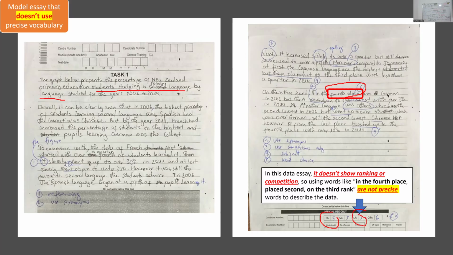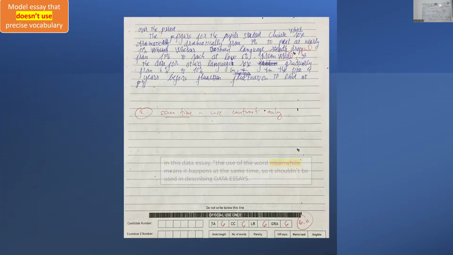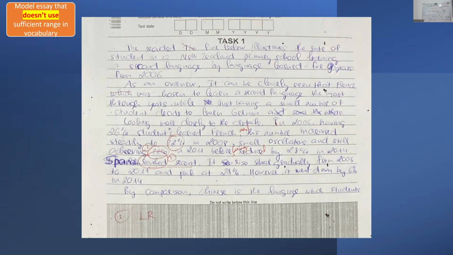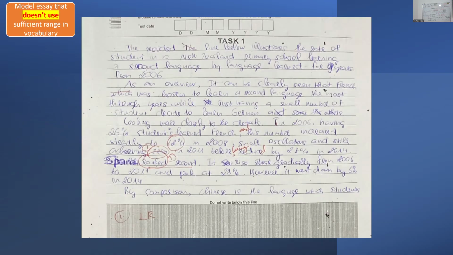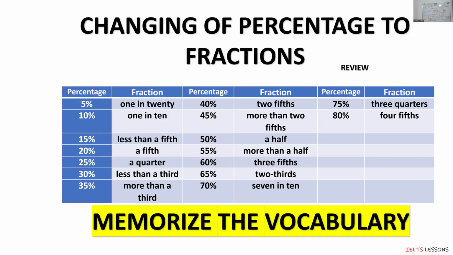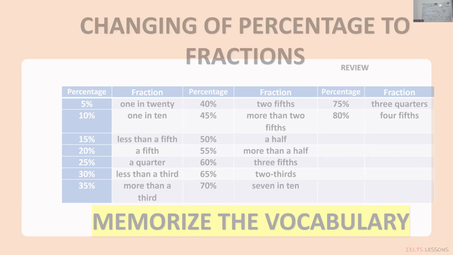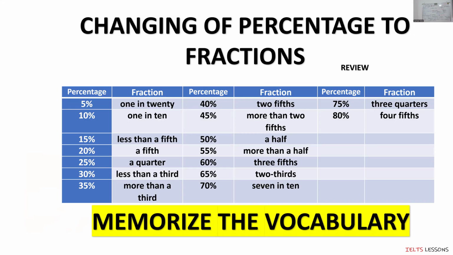Now, in here, there are some ways to improve the synonyms. So we can encourage them to use fraction instead of percentage. So we can ask them to remember these: fraction in terms of percentage.